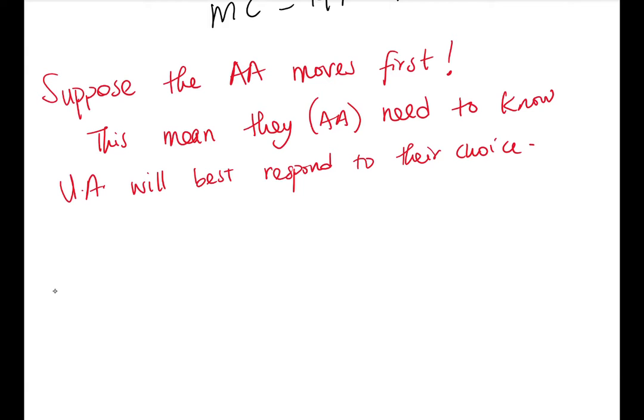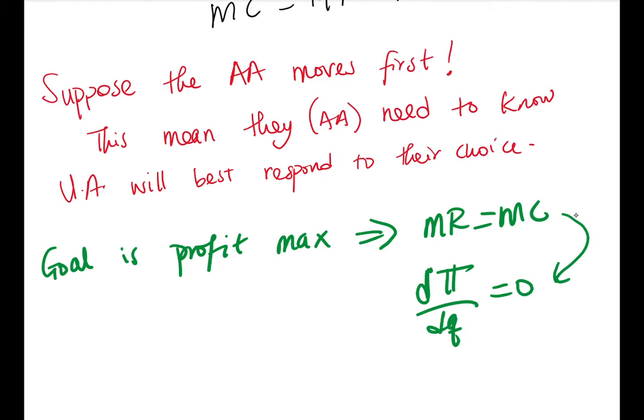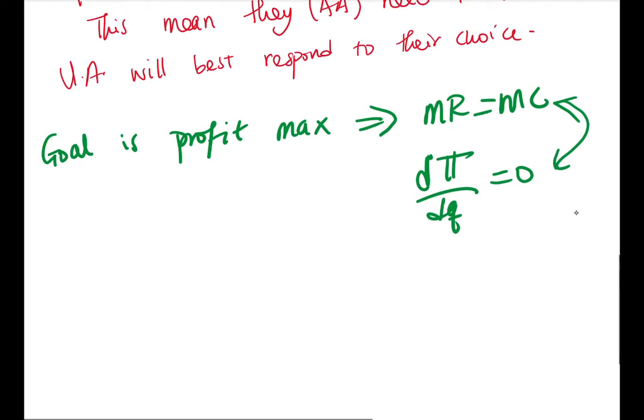Remember, we're trying to do optimality here. The goal is profit max, which means we're looking for MR equal to MC, or we're looking for the derivative of the profit function with respect to Q being set equal to 0. Same thing. We're going to do this for the leader and for the follower, so let's go ahead and start.